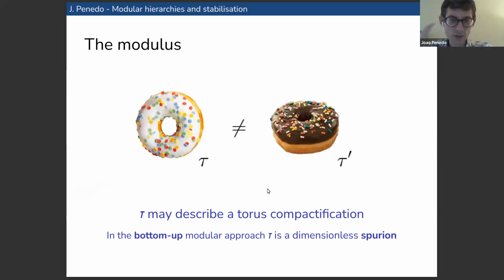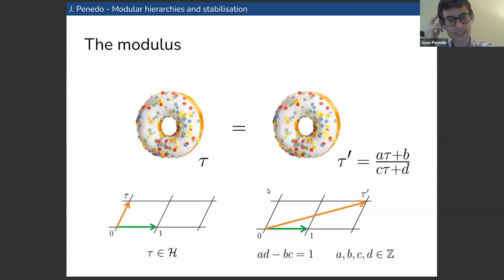But it's nice to know that there is this motivation from strings, where if you have 2 tori with different taus, described by different complex numbers tau and tau prime, they may actually be the same torus if these taus are related by a fractional linear transformation.